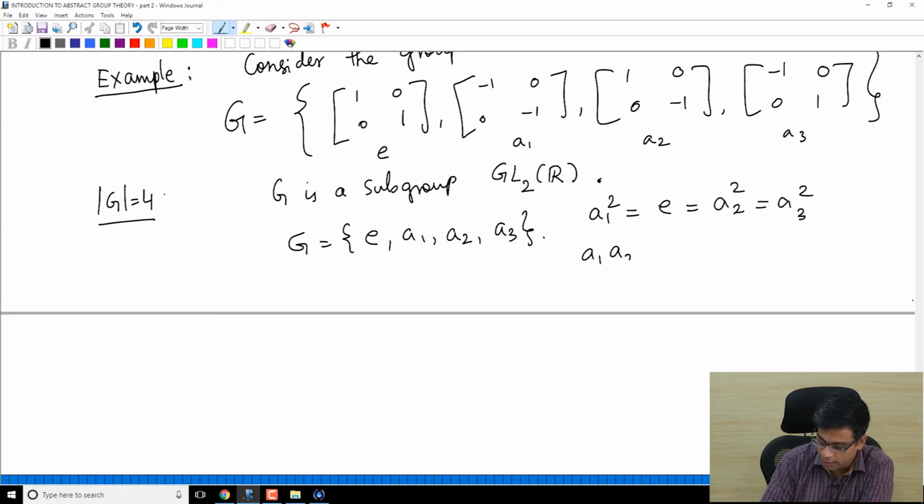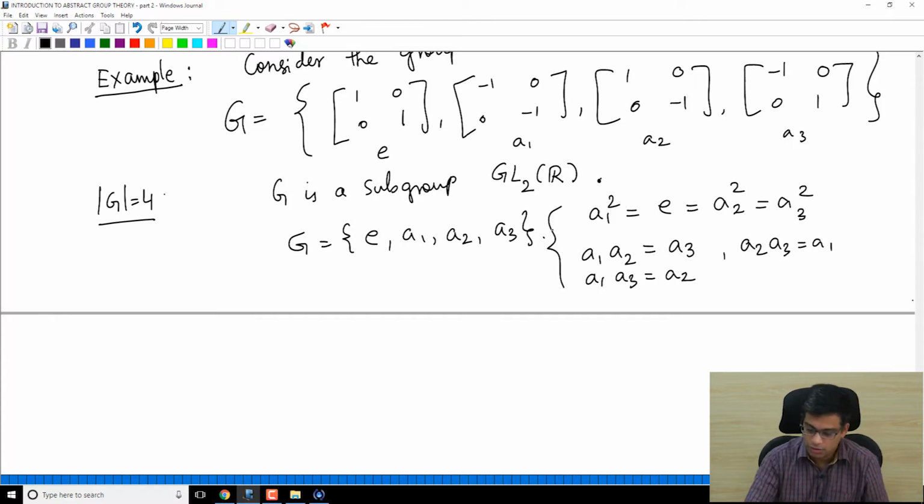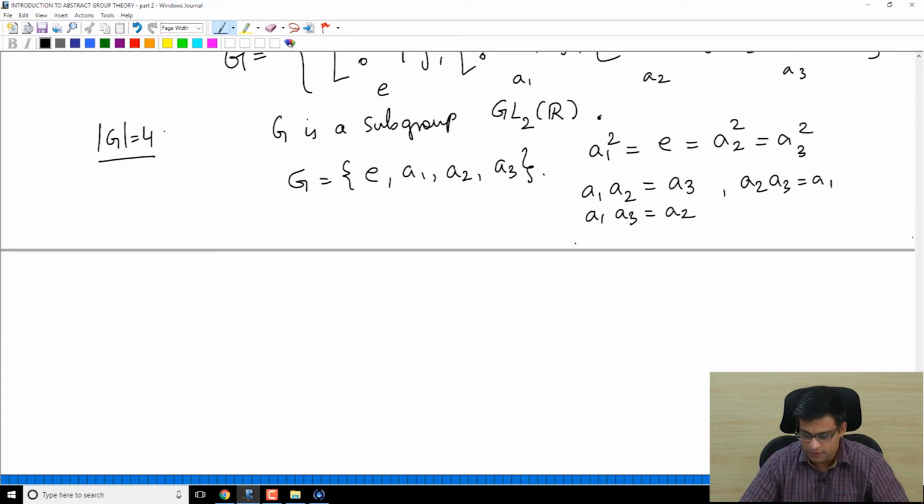What is A1, A2? If you multiply these two matrices, it's easy to see that it's A3. A1, A3 is A2, A2, A3 is A1. So this is the entire group structure on this. The multiplication table is completely given by this.